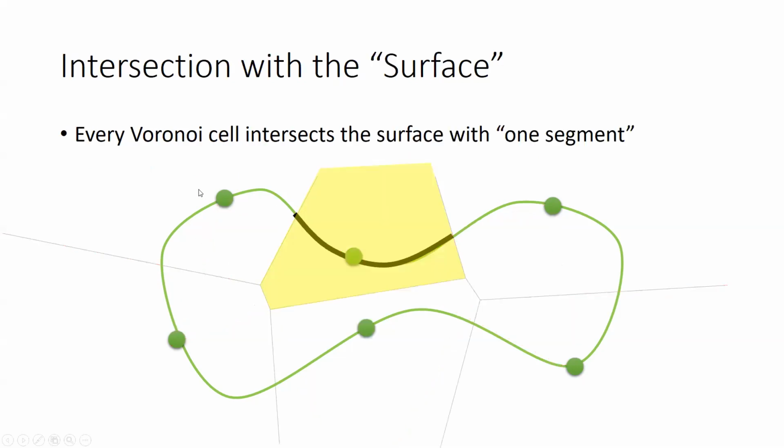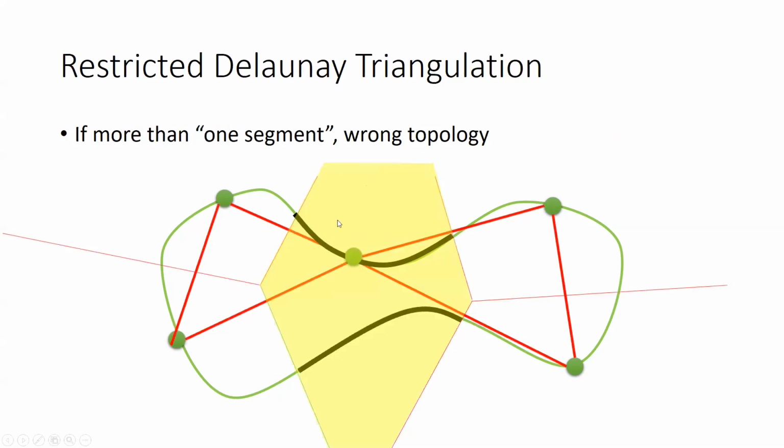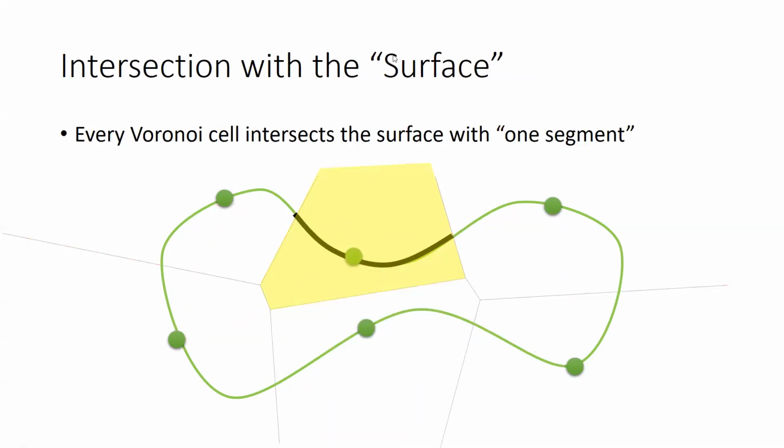So the trick is you have to guarantee that every Voronoi cell intersecting the surface, for example this yellow part, intersects the surface in just one segment here. If you can guarantee that, there is a theorem saying that your restricted Delaunay triangulation will have the same topology as your surface.